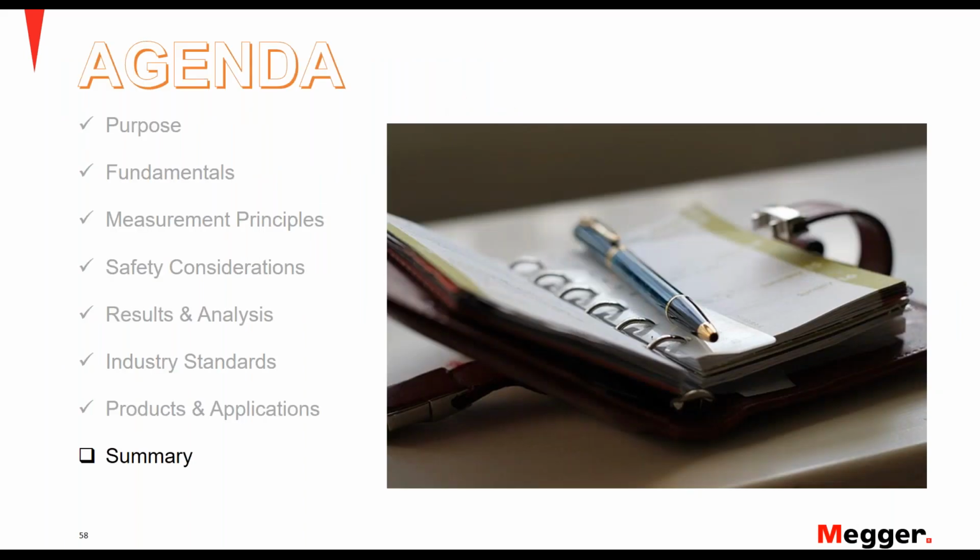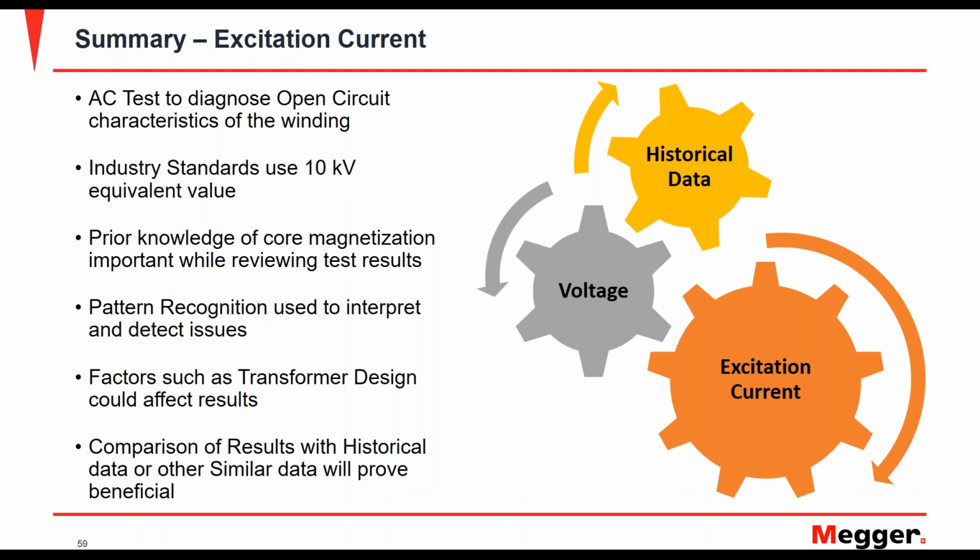Now let's summarize. As far as excitation current, we know that this is an AC test which will diagnose the open circuit characteristics of the winding and give us feedback on the state of our transformer core. Because of the voltage dependency of this test, industry standards have accepted a value of 10 kV at which excitation current has to be reported.